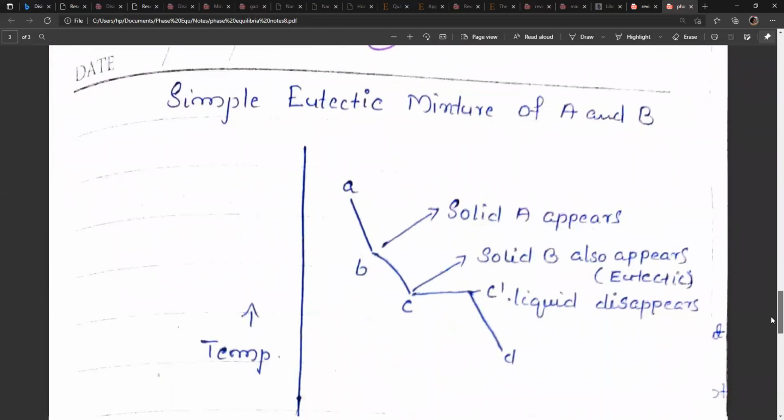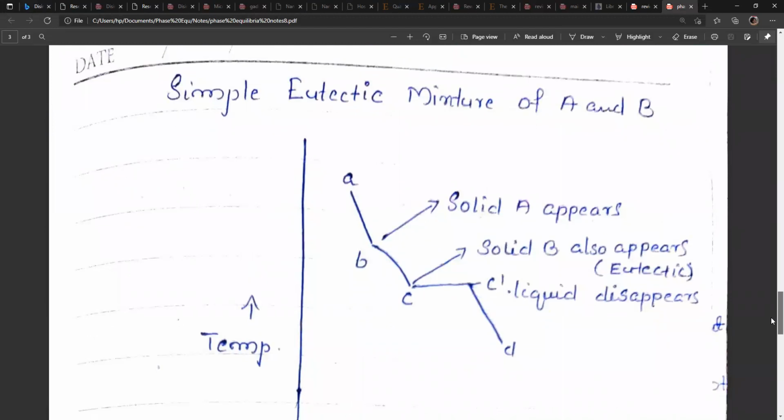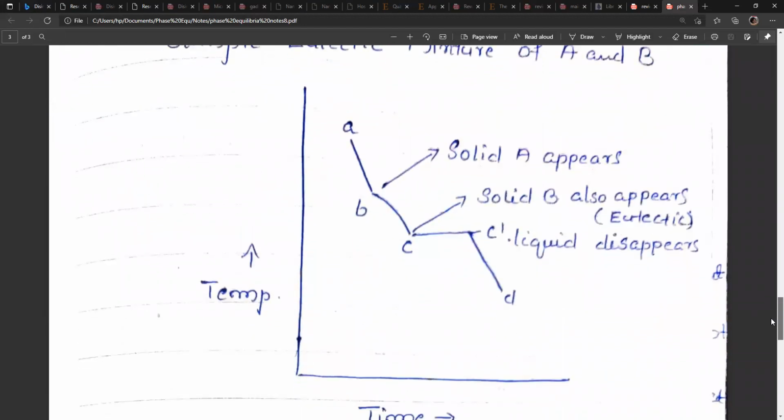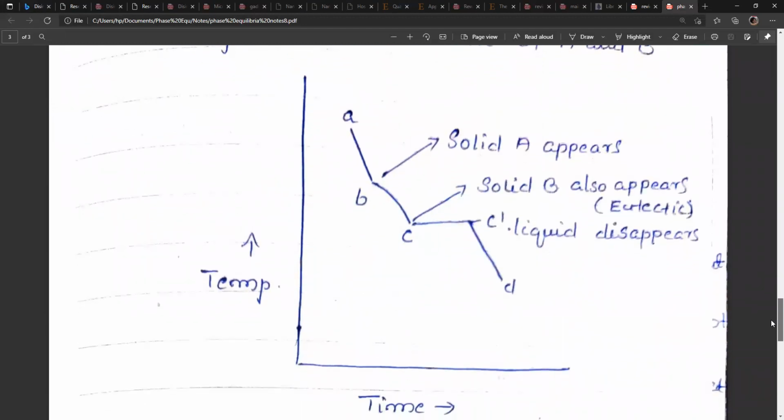Now, let us consider the cooling curve of a simple eutectic mixture of A and B. Simple eutectic mixture, that is a mixture of A and B. Here also we start from point small a, which is a liquid, and as cooling proceeds with time, it follows a line like this.